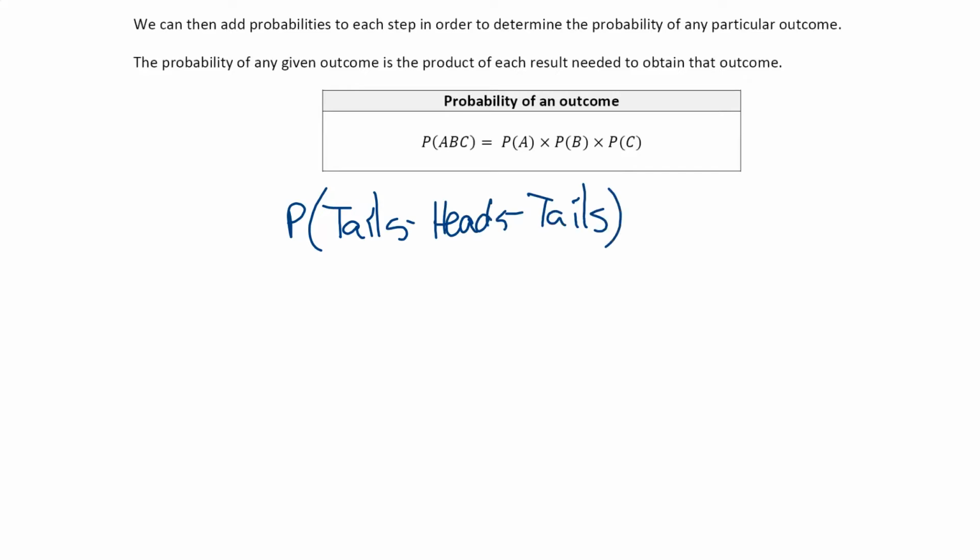The probability of getting tails, and the same for getting heads, is 1 out of 2.